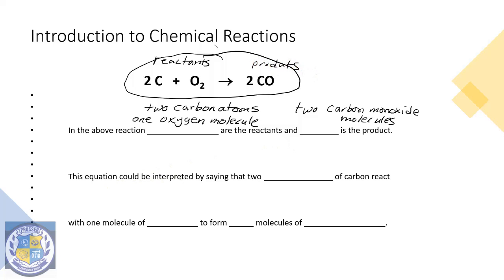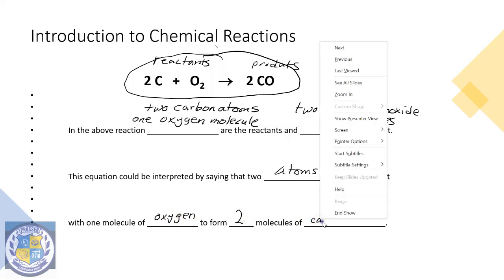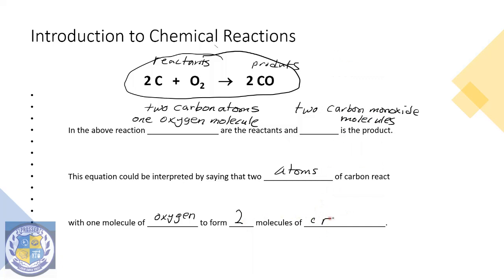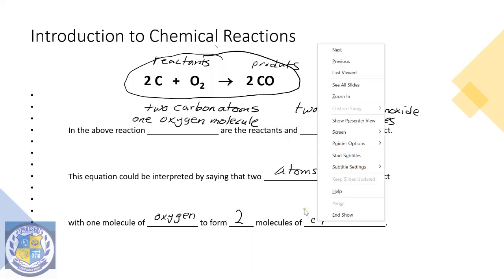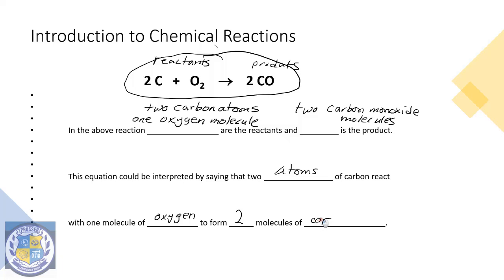This equation could be interpreted by saying that 2 atoms of carbon react with 1 molecule of oxygen to form how many molecules of blank. 2 molecules of carbon monoxide.